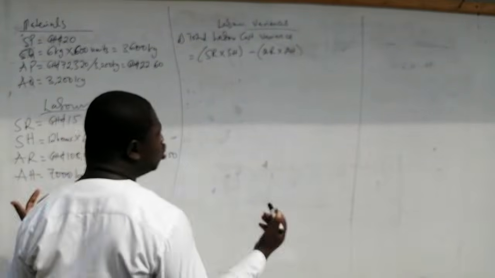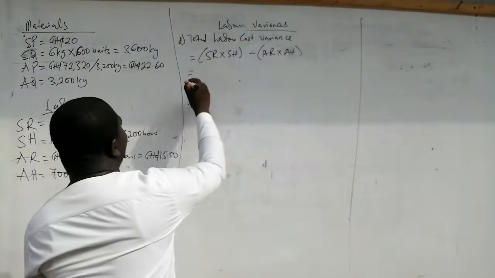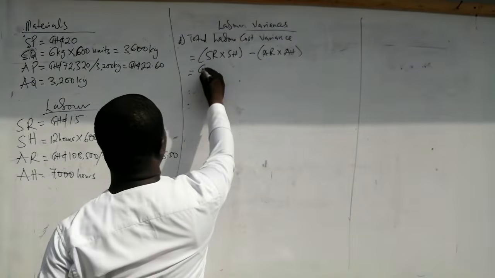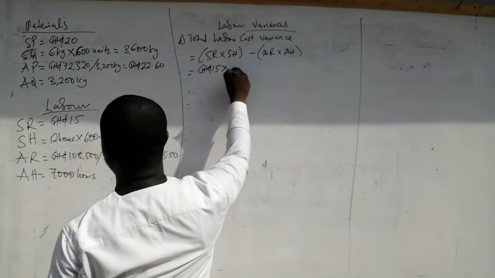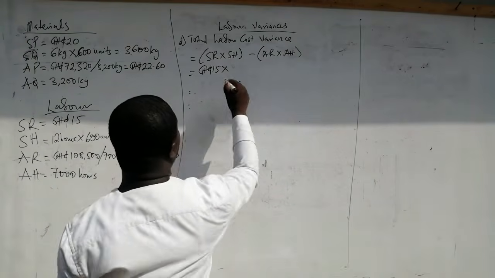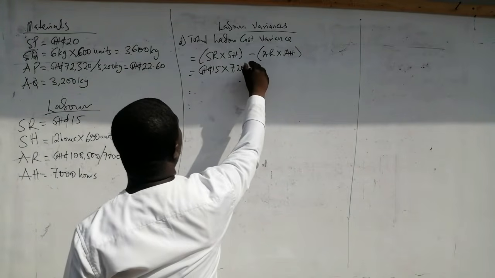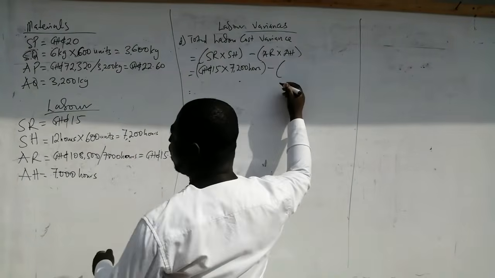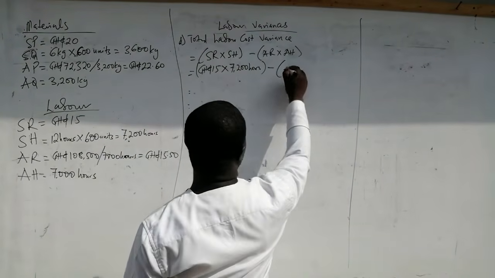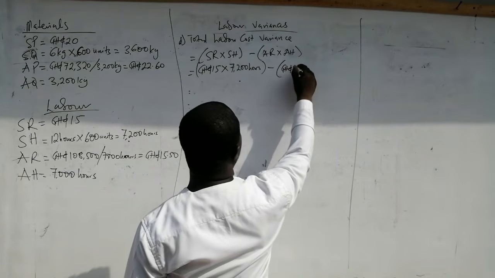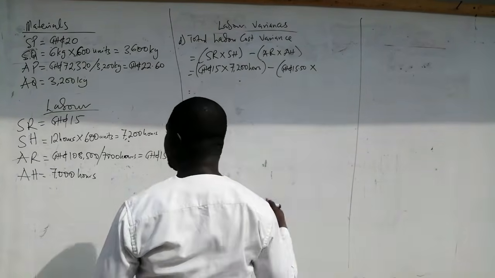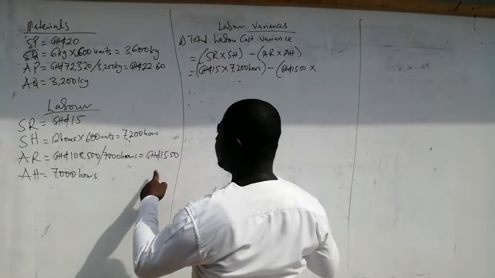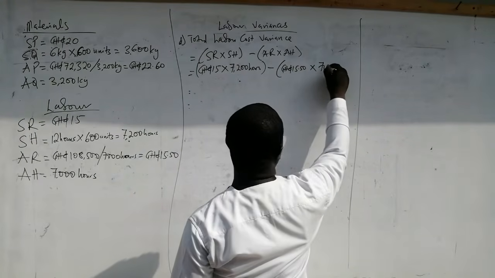You just come here. You don't need to go back to the question. You have every information that you need. Your standard rate is 15 cedis. Your standard hours is 7,200 hours. And then your actual rate is 15 cedis, 50 pesewas. And then your actual hours is given as 7,000 hours.